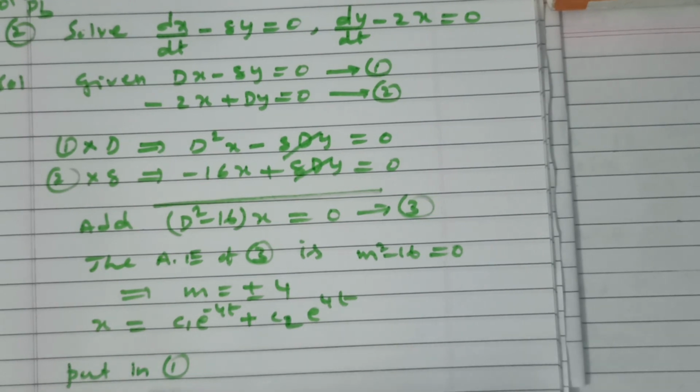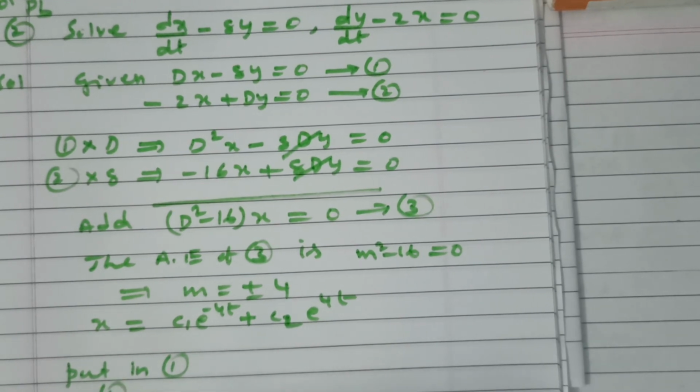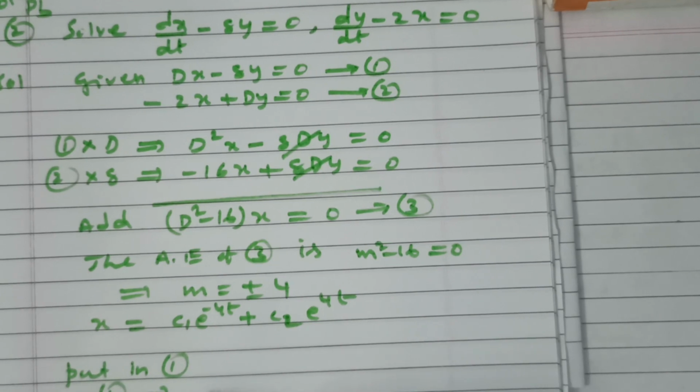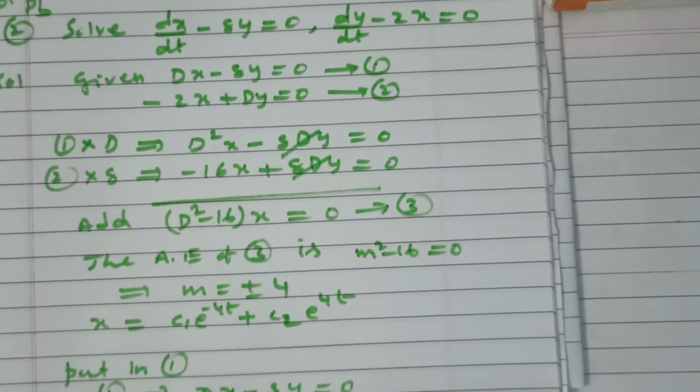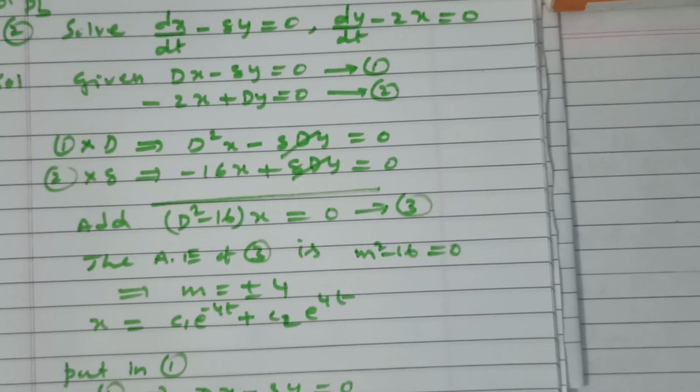So equation 1 is Dx minus 8y is equal to 0, implies 8y is equal to Dx. Substitute the x value.